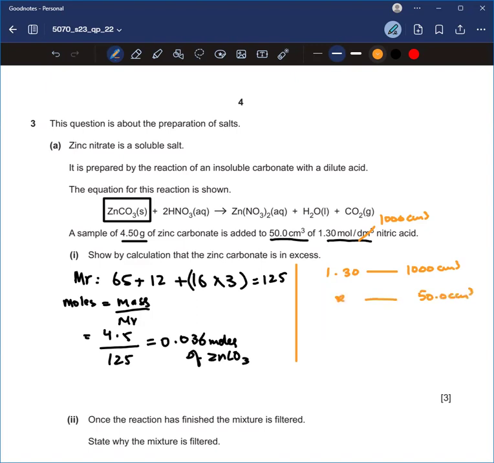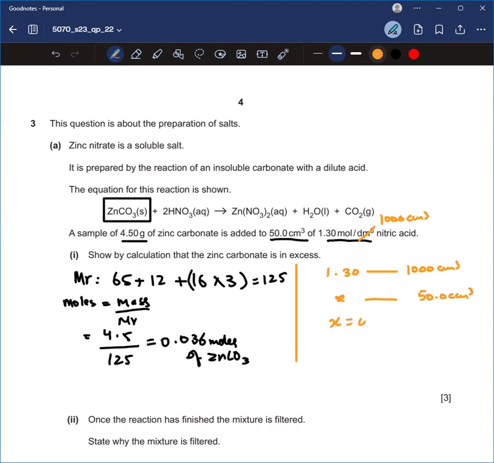Let me calculate 50 times 1.3 divided by 1000, which is 0.065.